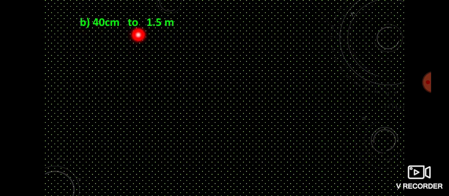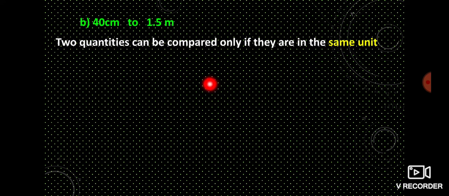Second question. 40 centimeter to 1.5 meter. Here is one difference, because the first number is in centimeter and the second number is in meter. But in the case of ratio, two quantities can be compared only if they are in the same unit. But here they are not in the same unit. So first we convert this into the same unit.